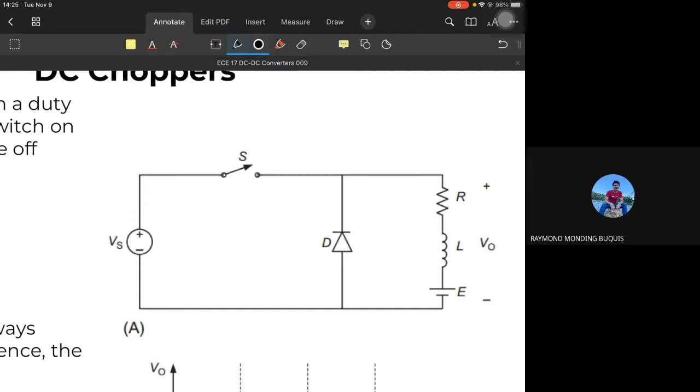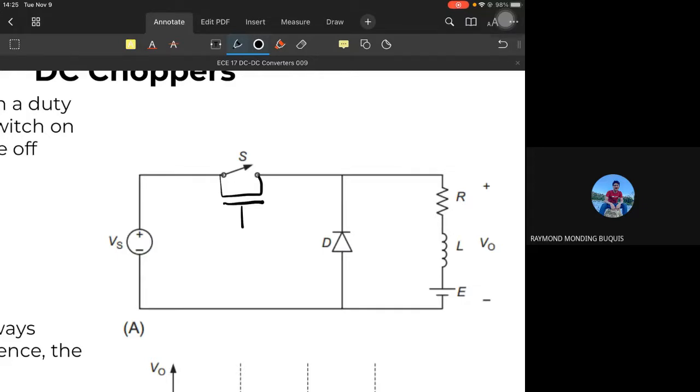And what is not shown here is the gate if it is a MOSFET, or the base driver circuit.